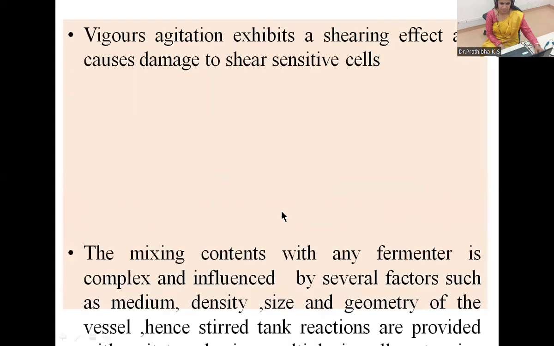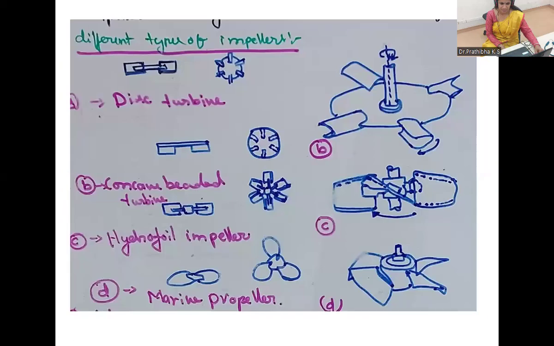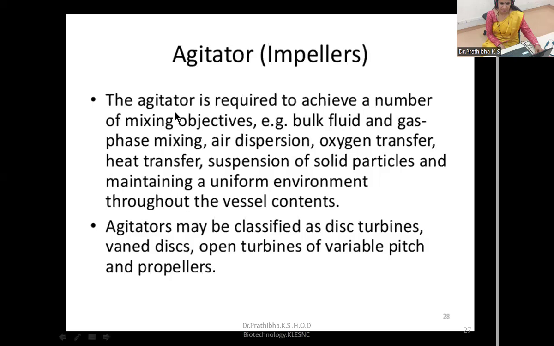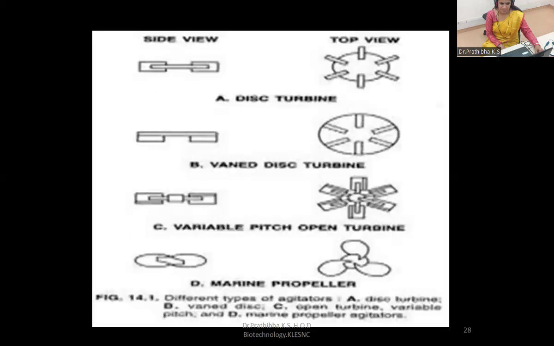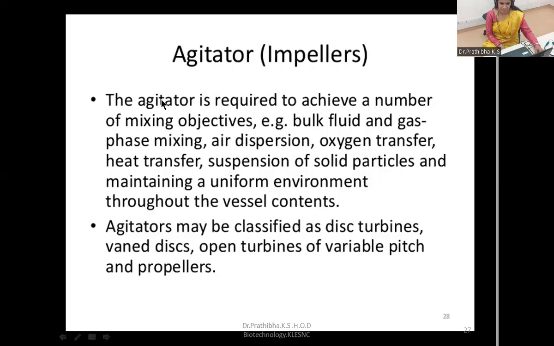These are the different impellers usually used in the fermenter vessel. The blade also depends upon what type of product and what type of organisms you're using in the fermenter vessel. So in general, you can write this for agitator or impellers for 2 marks.